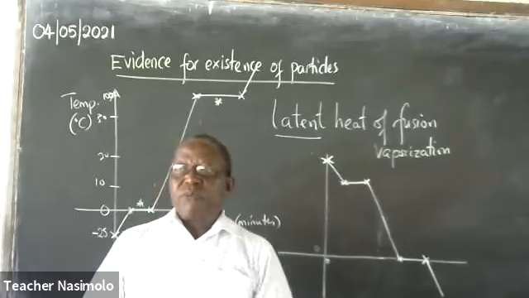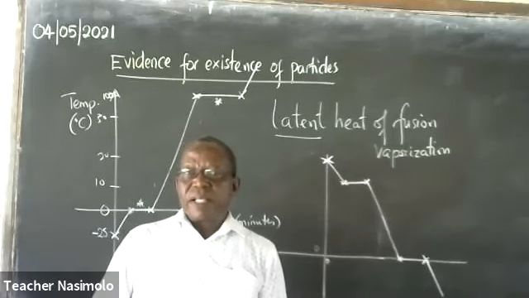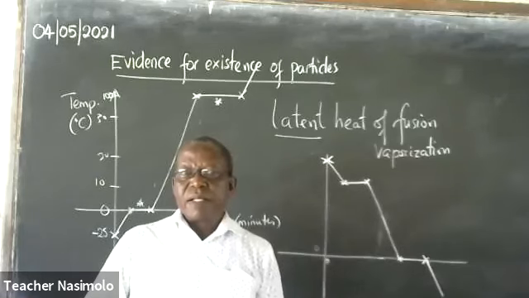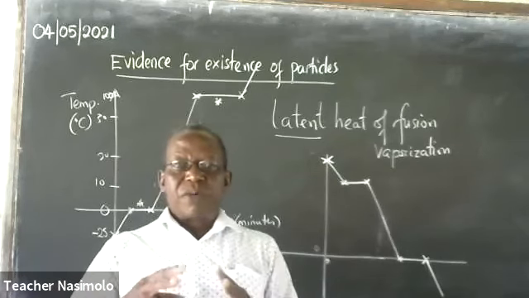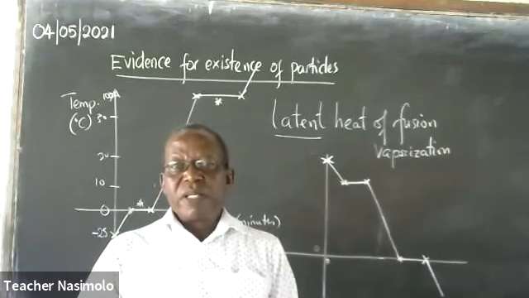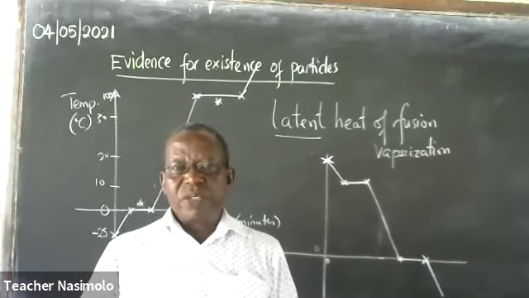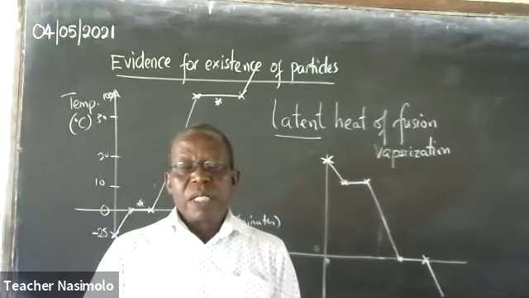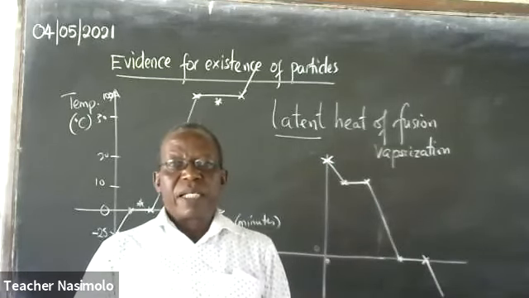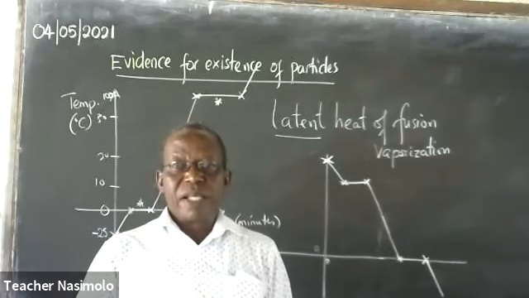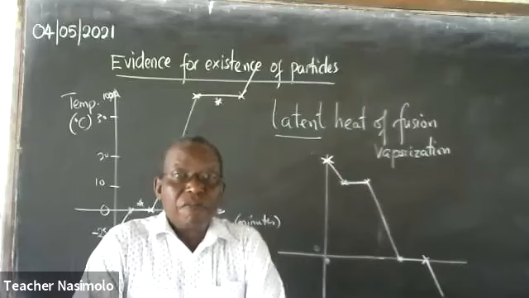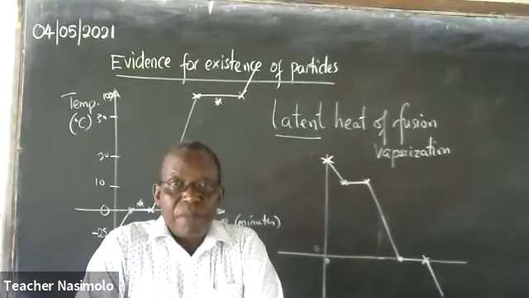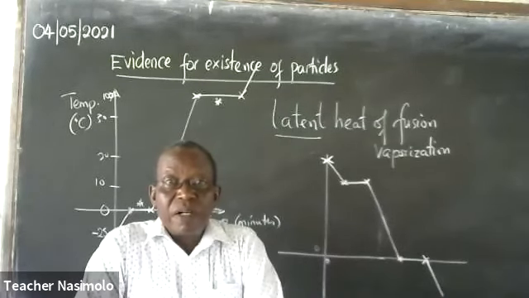When we are refining that petroleum, they heat it, and then they condense the vapor into different substances like petrol, diesel, kerosene, and so many others. That's why we have different fractions from the same petroleum.